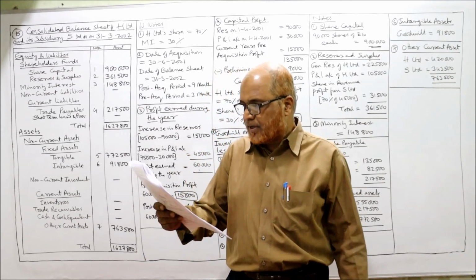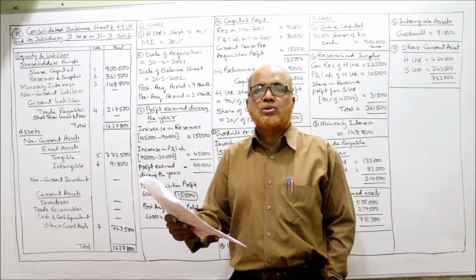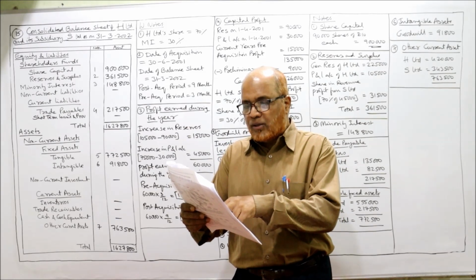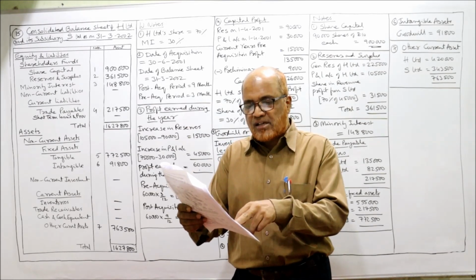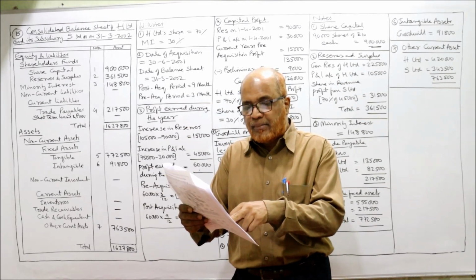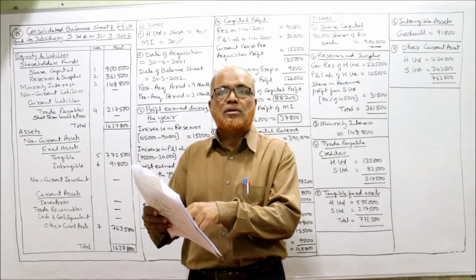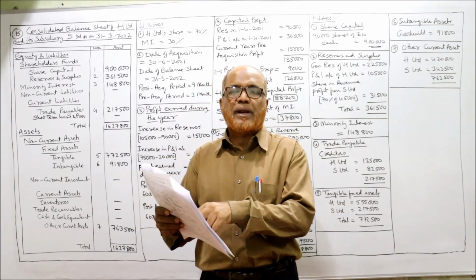That point you remember. On 1st April 2001, beginning of the year, General Reserve, Profit and Loss Account and preliminary expenses of S Limited stood as follows.